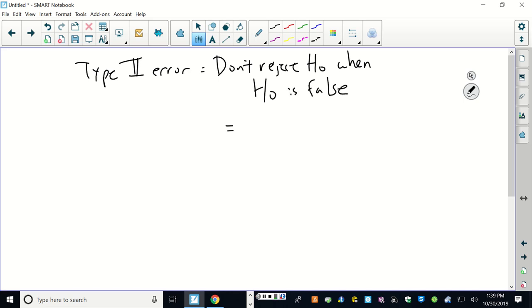So this is a false negative in the sense that a positive result would be rejecting the null hypothesis and causing us to take some action. But in this case, we don't reject the null hypothesis and fail to take any action. So if in fact one drug is better, but we don't get data that proves it, we don't reject and we don't go to the new drug. We just stay with what we have.